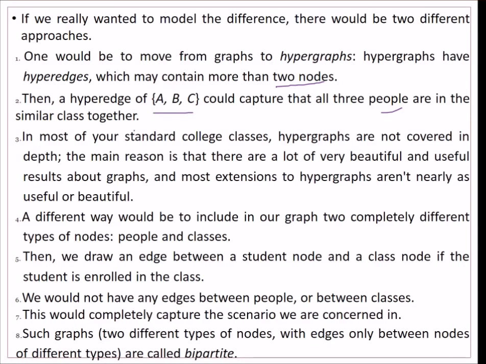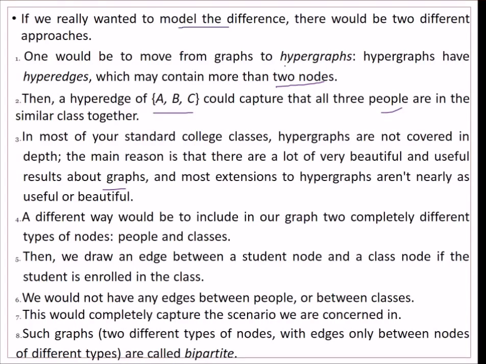In most books and classes, hypergraphs are usually not covered, because graphs are so enriched now that they are able to do a lot of work. A different way is to use a graph with completely different types of nodes, like people and classes.